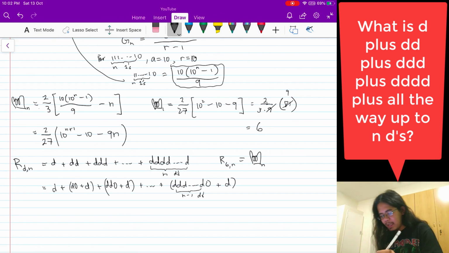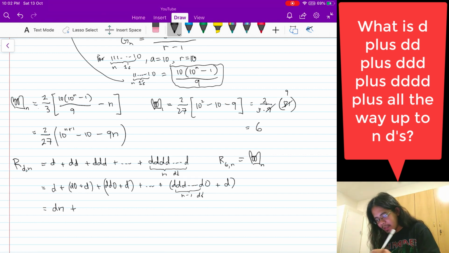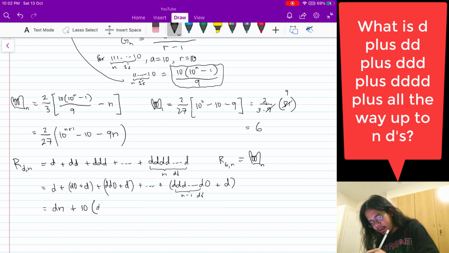So it looks very similar. Now what happens is, we know that there will be n number of d's here. And then what we're going to do is factor out 10 from the remaining d plus d plus blah blah blah all the way up to d. This time there are only n minus 1 d's here.